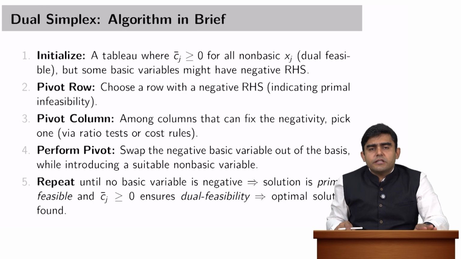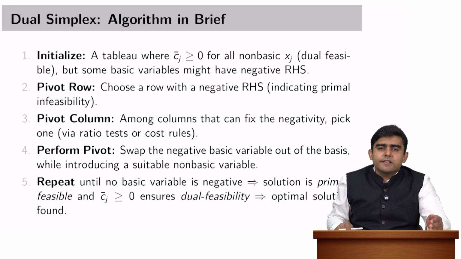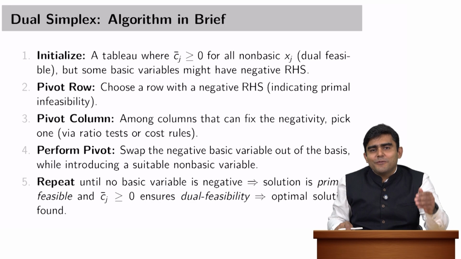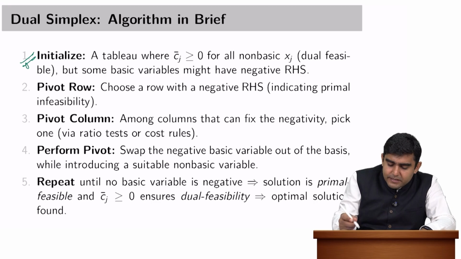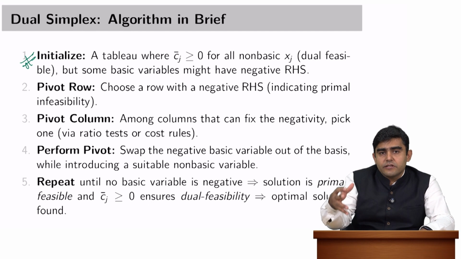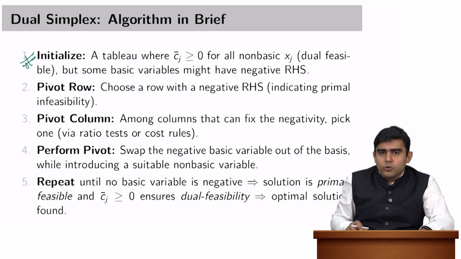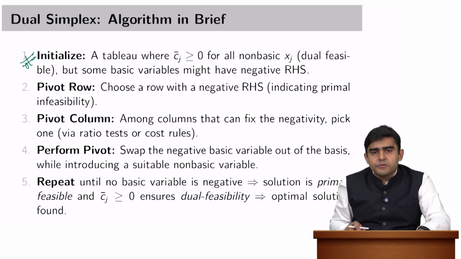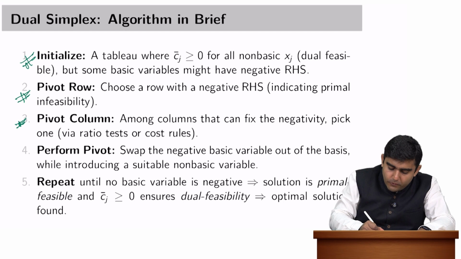The terminology that we will use in dual simplex also remains the same, or I would not say exactly same, but similar to what we did in the primal simplex. We would have an initialization step. I would not worry about this detail right now. We will go into the details of a solved example, and then we will revisit this slide to come to terms with what these terms do. There is going to be a pivot row. There is going to be a pivot column. We will perform the pivot operation and we will repeat.